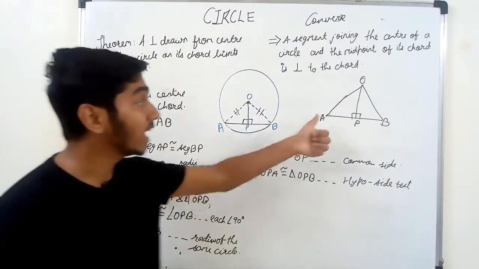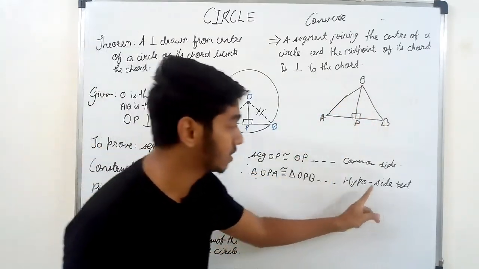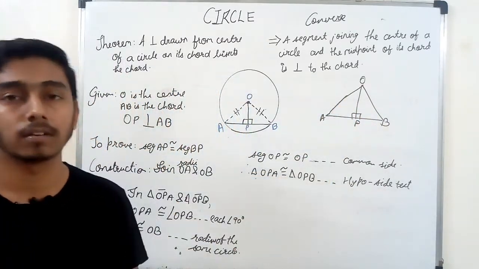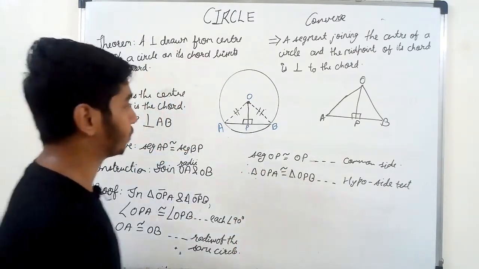Therefore, if the hypotenuse and one side are congruent, by hypotenuse side test, the two triangles are congruent. So I hope you understood.